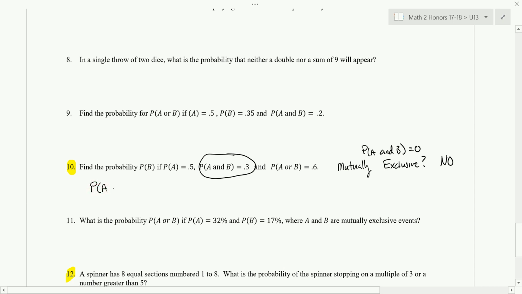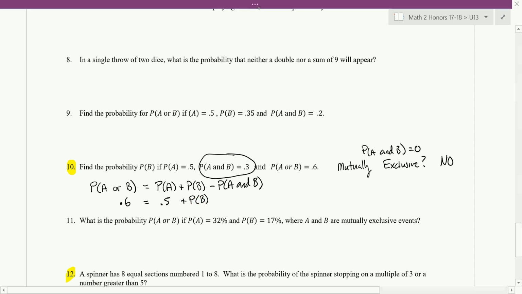Probability of A or B is equal to the probability of A plus the probability of B. Keep going. What comes next? Minus the probability of A and B. So this is one of those formulas you want to memorize, okay? And then plug stuff in. So we know this is 0.6. Probability of A is 0.5. Probability of B we don't know, we're looking for.